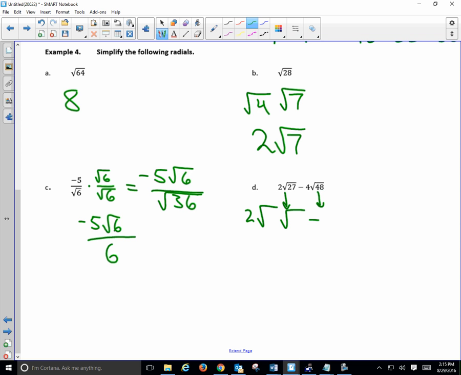What is a perfect square that divides evenly into 27? What is a perfect square that divides evenly into 48? 4, and there's a bigger perfect square that divides evenly into 48. 16.